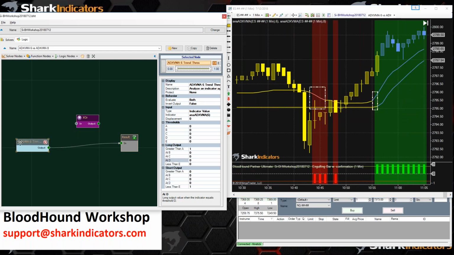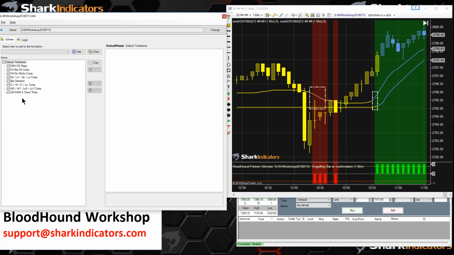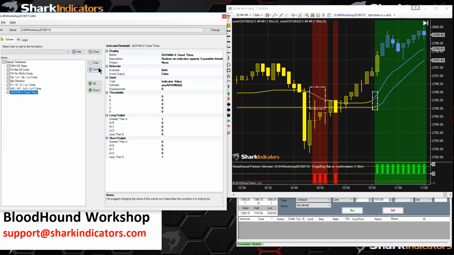Okay, so that's for our ADXVMA 6. So let's go to our solvers list and we'll take a shortcut. We'll make a copy here, and this threshold solver will be our ADXVMA 8. And let's go change the indicator settings here.